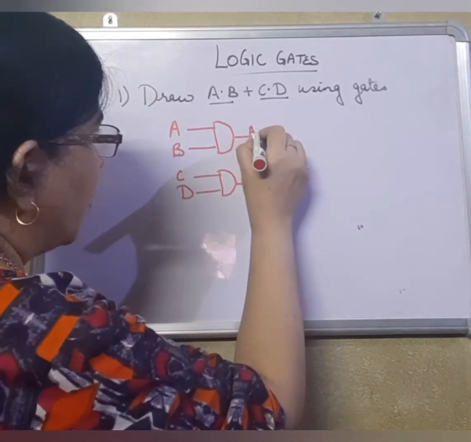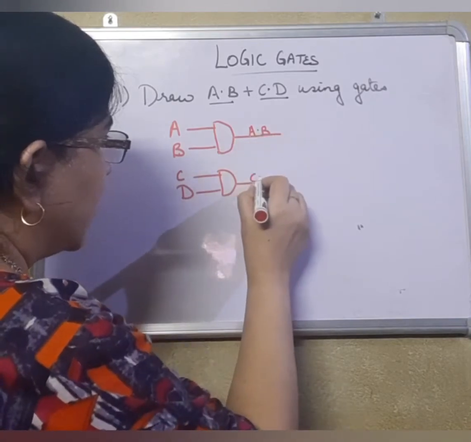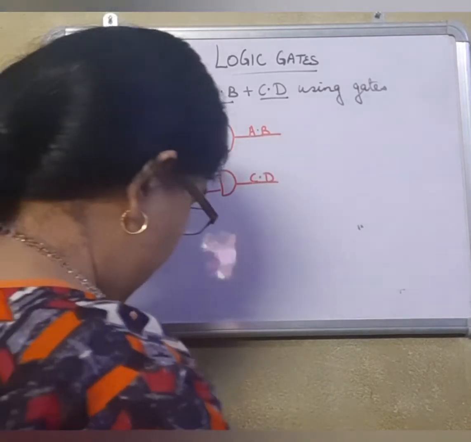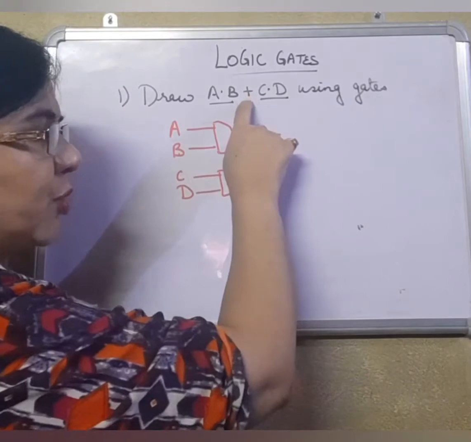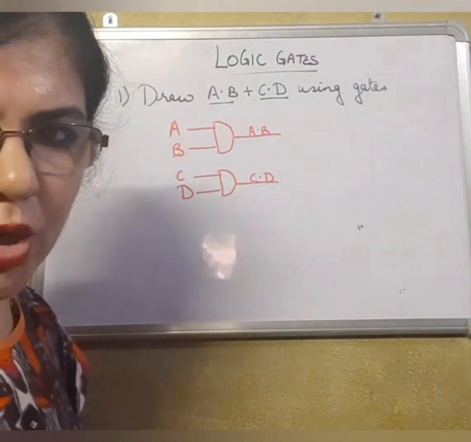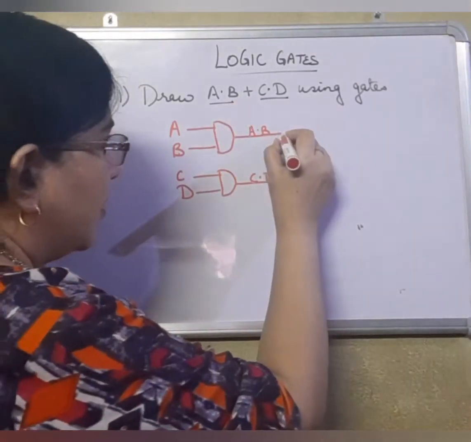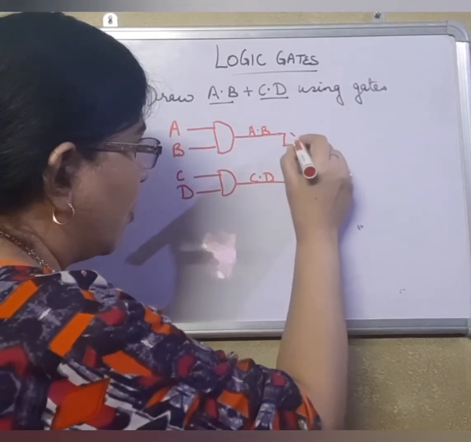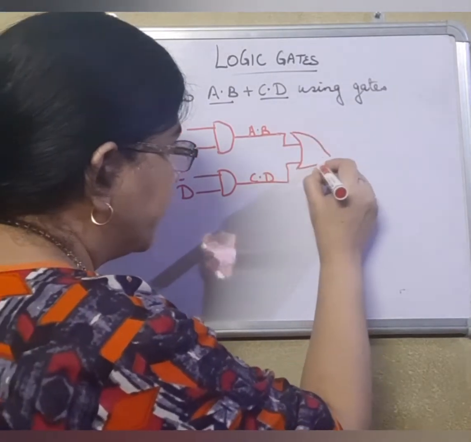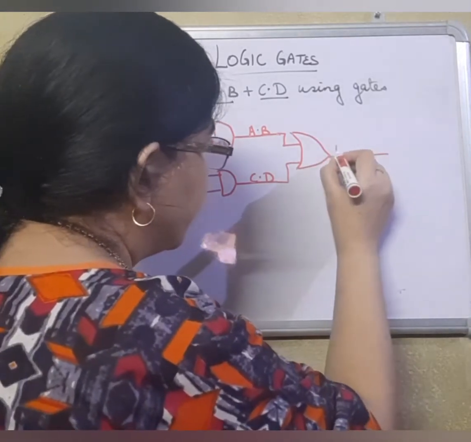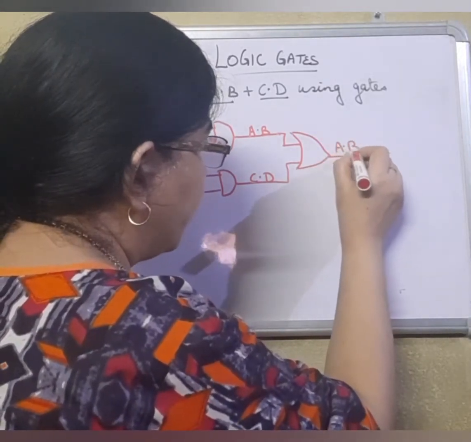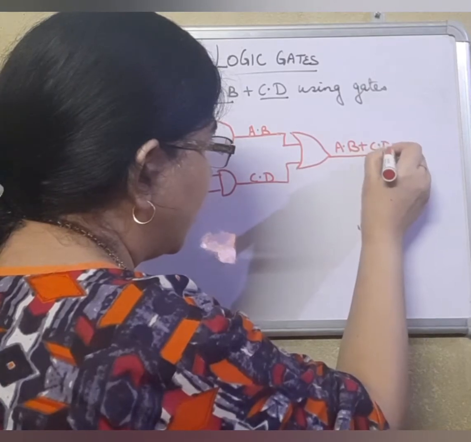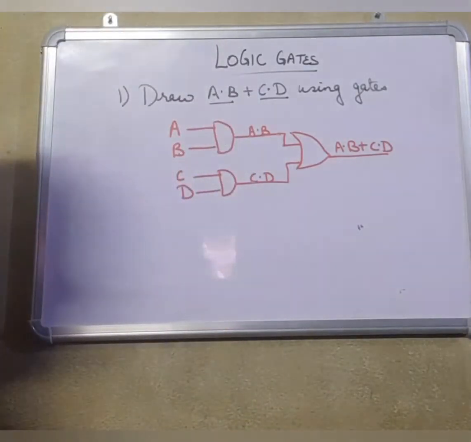This is A dot B. This is C dot D. And both of them have to be joined by which gate? OR gate. We will be joining them with the help of OR gate. This becomes A dot B plus C dot D. Right?